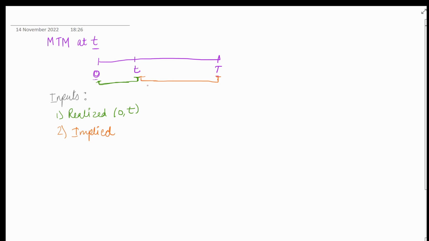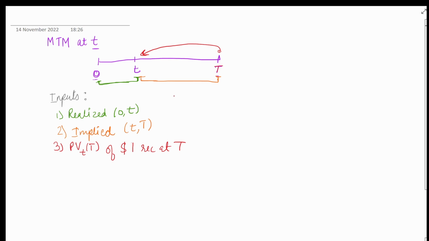The future volatility that we can only imply and not surely know about, that is from point small t to big T. The third input is the present value, as of point T, of $1 received at maturity, that is, the discounted value of $1 received at this point, the maturity point.